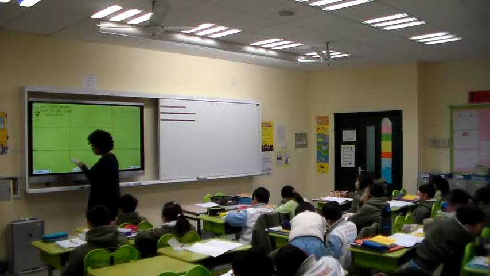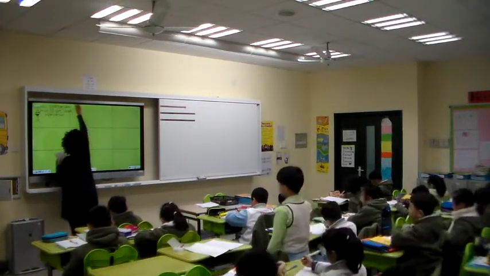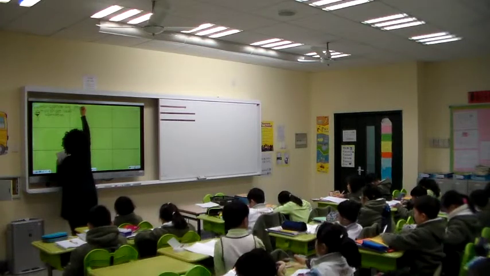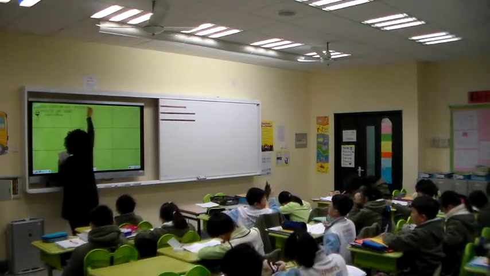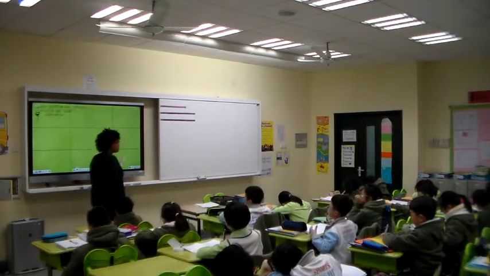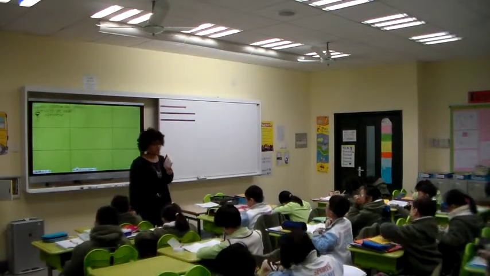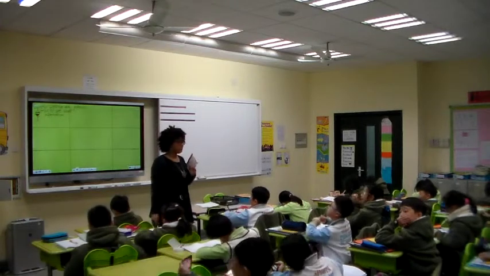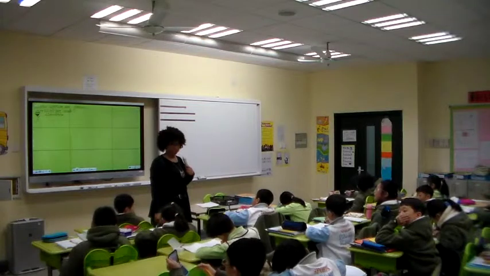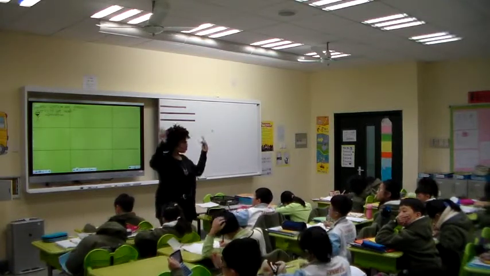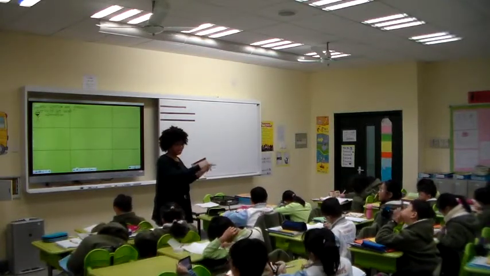Okay, next word, jealous. You know? Jealous means somebody has a very good thing and you don't have it, and you really want it, and you are unhappy. I like Charlie's explanation.